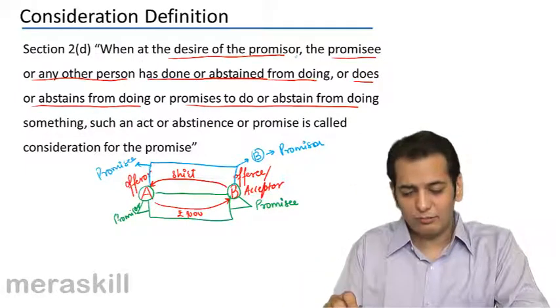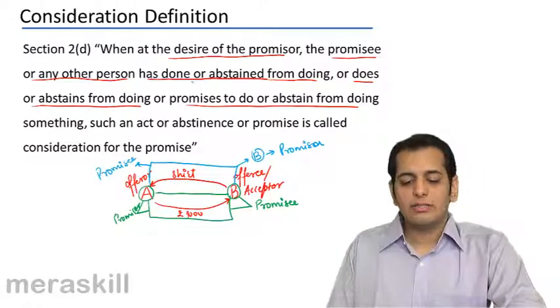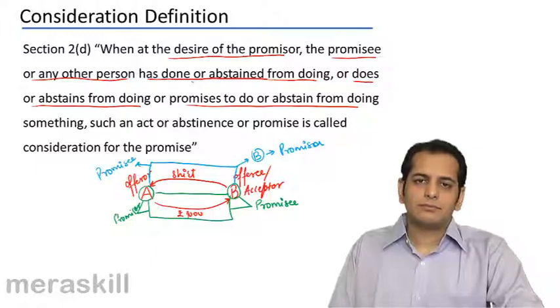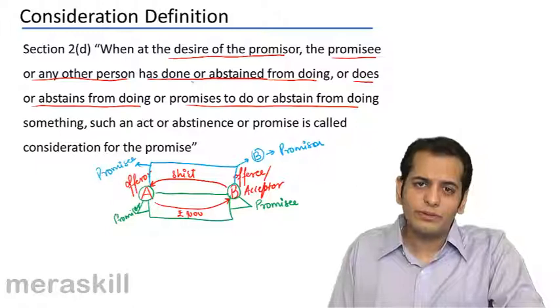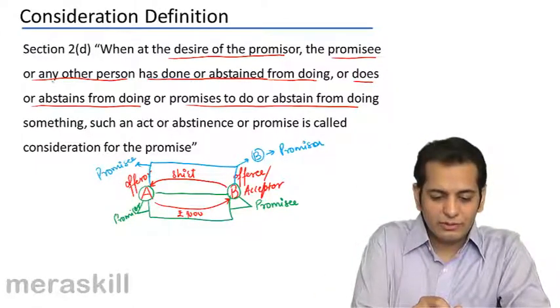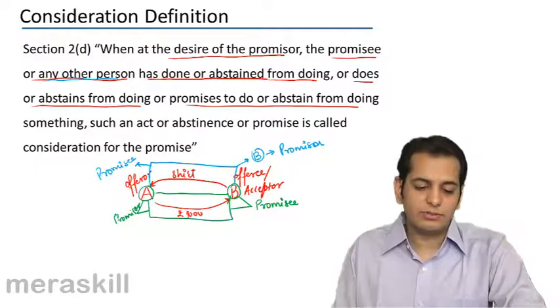When, at the desire of the promiser, the promisee or any other person has done something. The promiser wants the shirt here, the promisee is doing something, that he is giving him the shirt. Now, the important thing here is promisee or any other person.